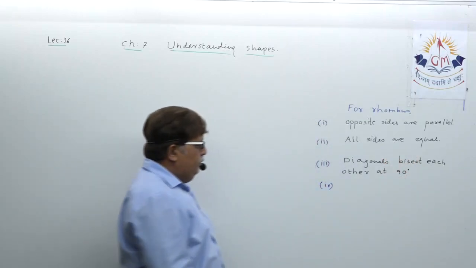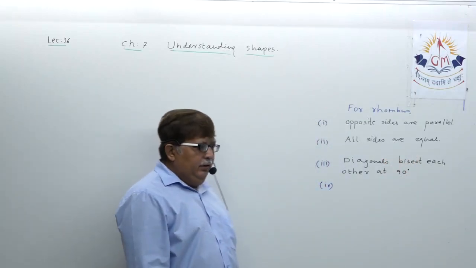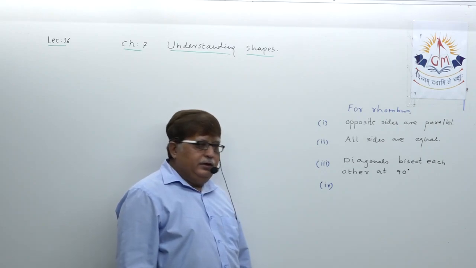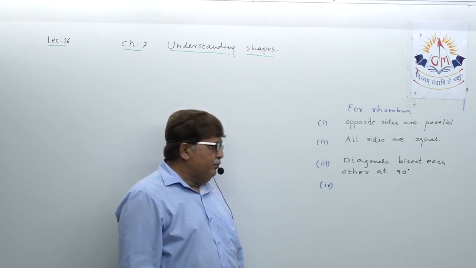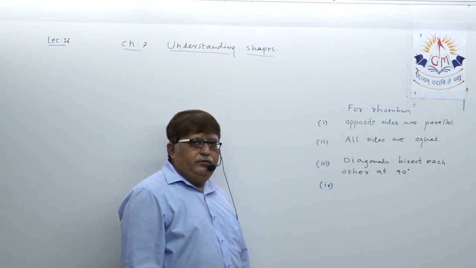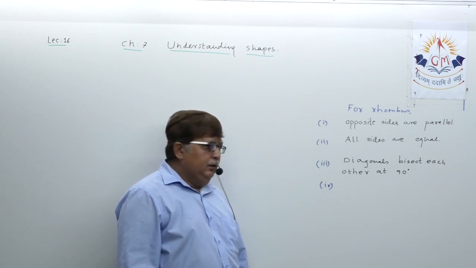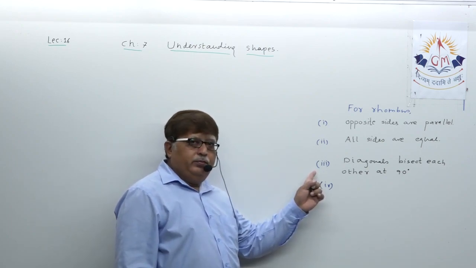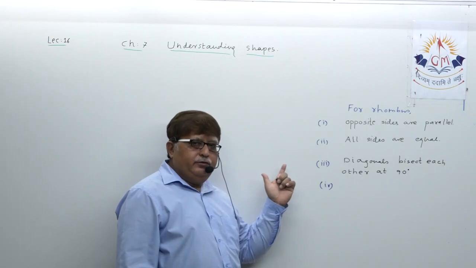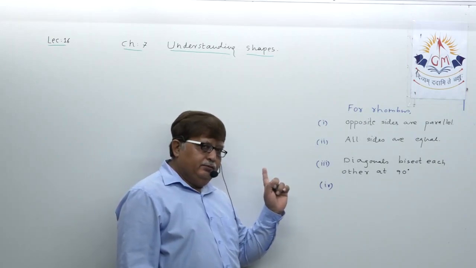That means, to speak it in other words, diagonals bisect each other perpendicularly, conveys the same meaning. This is also the property in contrast to parallelogram and rectangle.